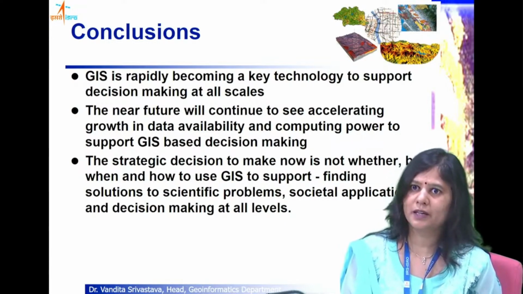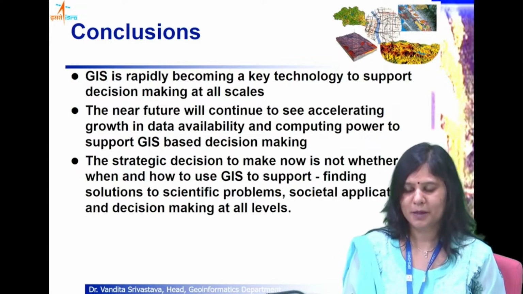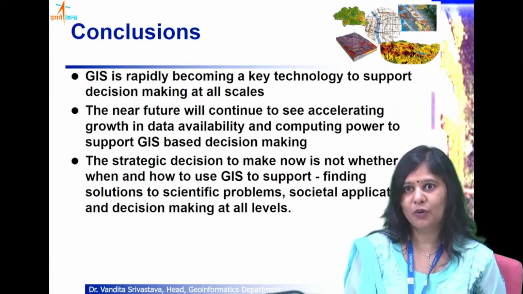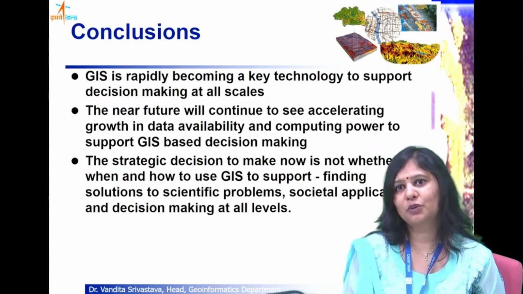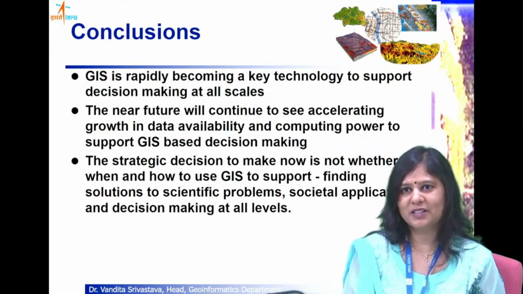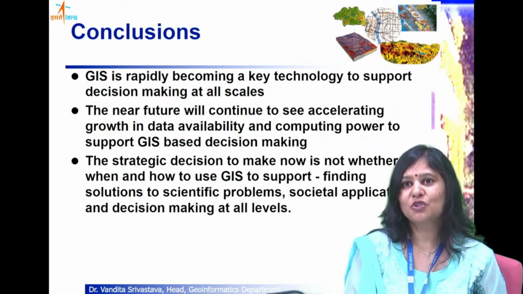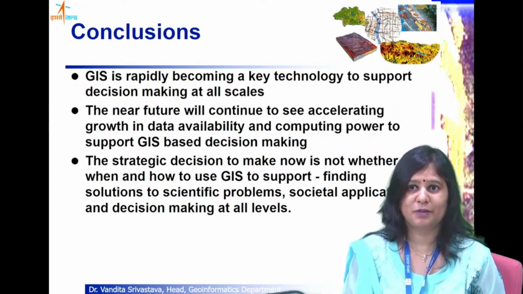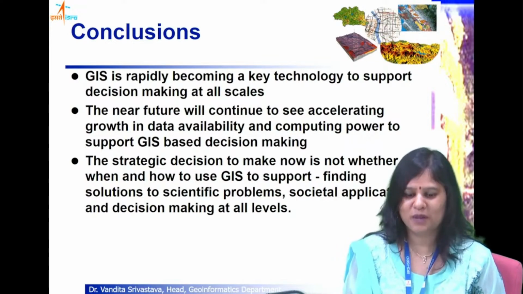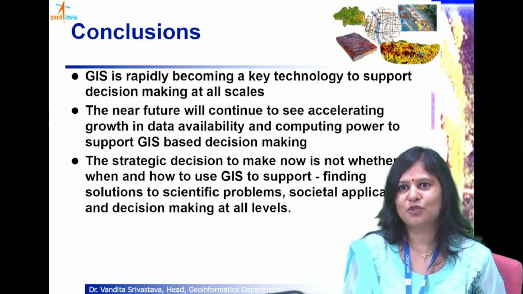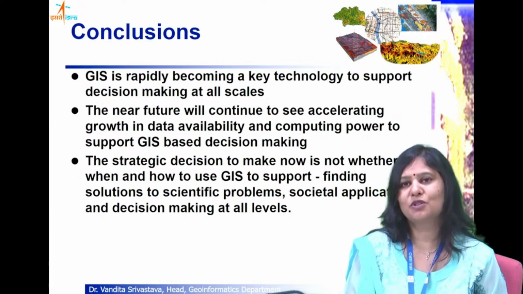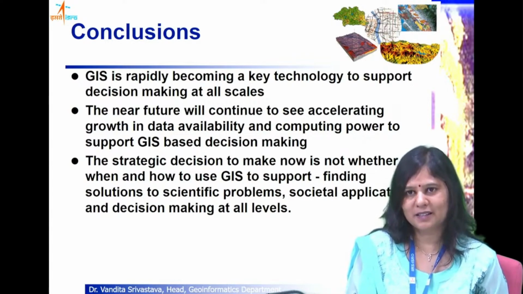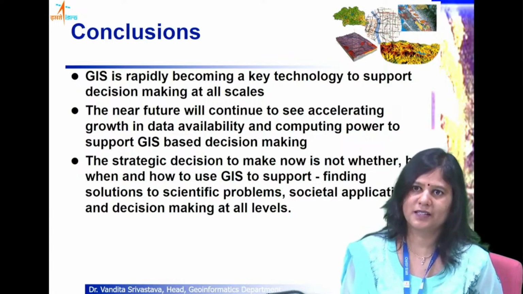Already decision making is happening with the help of GIS by various governments. Now for any organization, the question is not whether to make use of GIS, but when and how to make use of GIS to support various applications, planning, decision making and scientific studies.